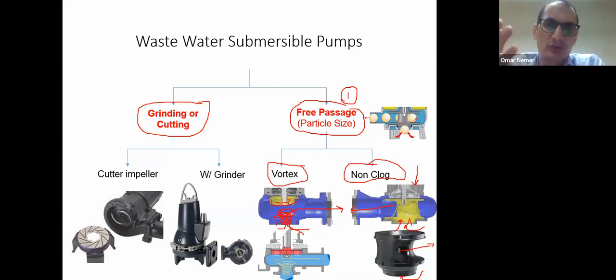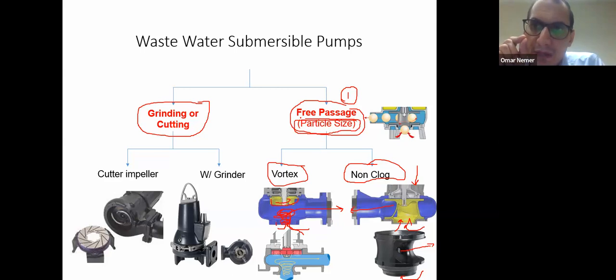For example, if you brought me a pump and said this is a non-clog pump, does that mean they can pump a ball, for example a baseball or golf ball, or smaller particles or bigger? How can I know? Simply, you can ask or read it in the catalogs. You will see something they call particle size.